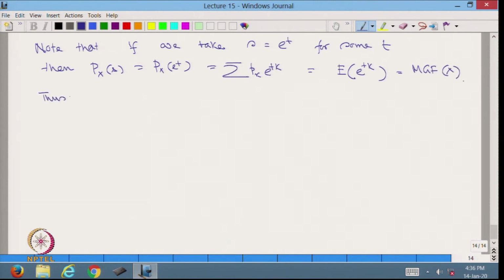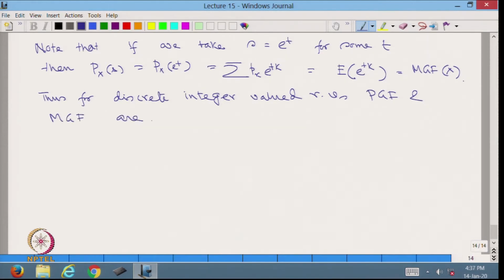Thus, for discrete integer valued random variables, probability generating function and moment generating function are closely related.